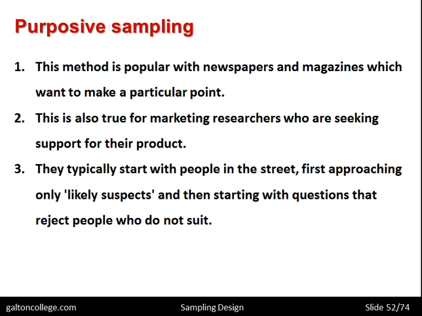If they say yes, then they'll go, do you buy this brand or this brand or this brand? And they say they buy brand X, sorry, that's the end. If you buy brand Y, then it continues. So they are looking for people who have got certain characteristics and certain attributes and certain patterns of behavior. So it filters in this way.